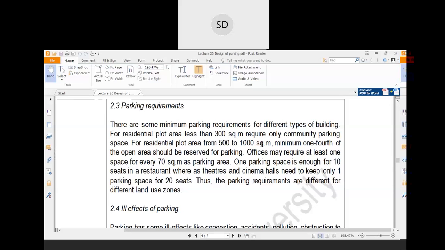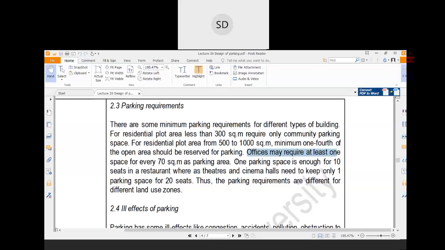For residential plot area from 500 to 1000 square meters, a minimum of 1/4 of the open area should be reserved for parking. Now, offices may require at least one space for every 70 square meters as the parking area.